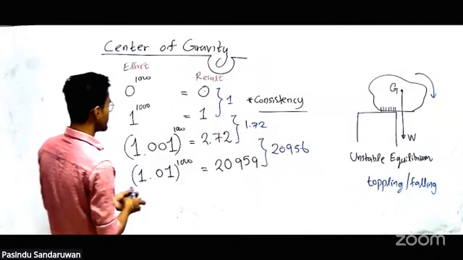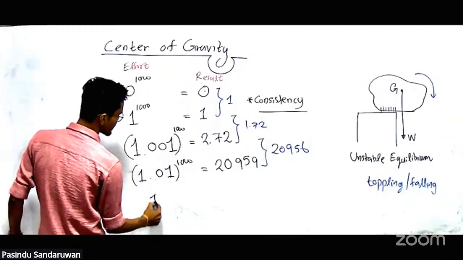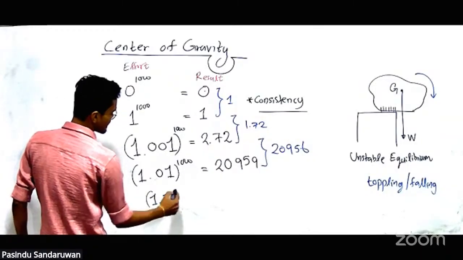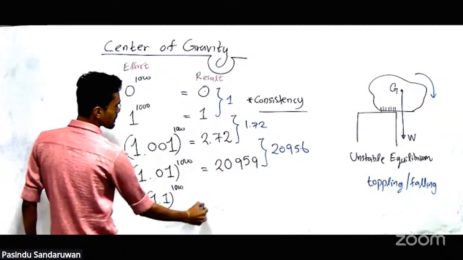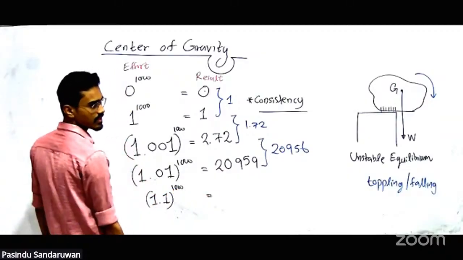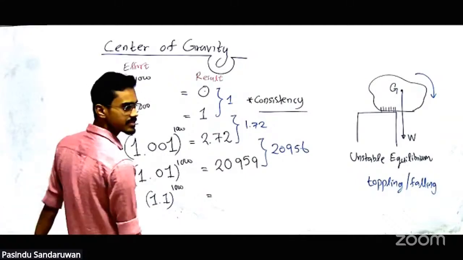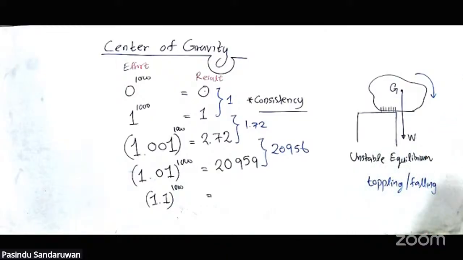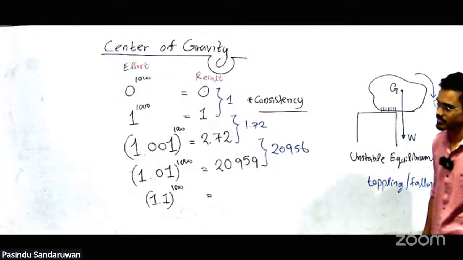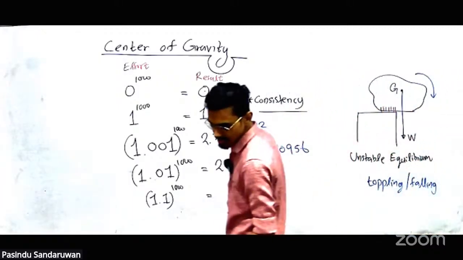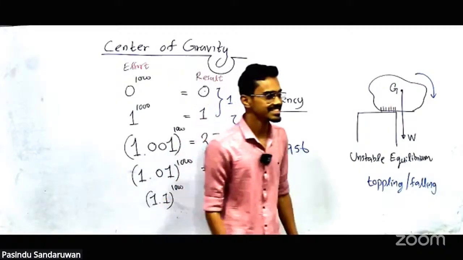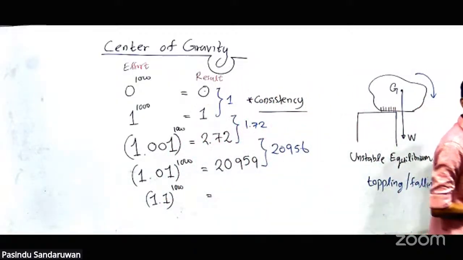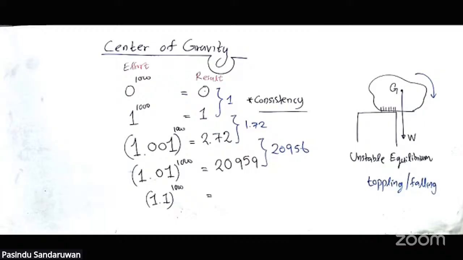If you increase your effort by 1 over 10, that is 1.1 to the power 4,000. The answer shows E 41.